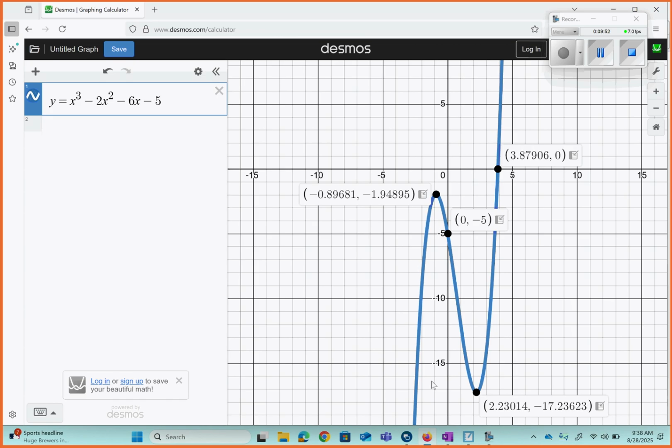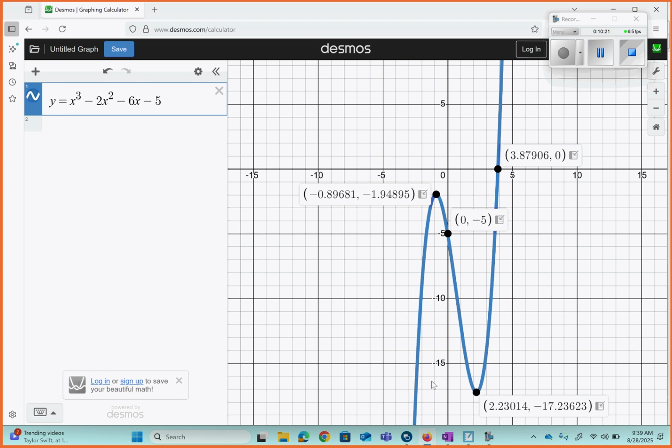Okay, so if I ask you what is the local maximum, you would give me the point that the local maximum is taking place at. If the next question says, what is the local maximum value, or what is the local max, you're going to give me the y value of that. So in this case, our local max is negative 1.9, rounded to one decimal place.